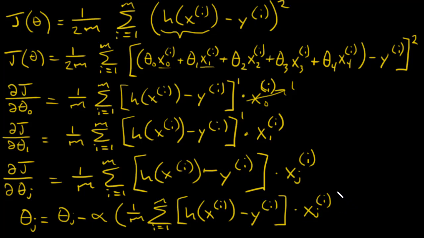And that is going to be our new gradient descent algorithm. And notice that we are going to be running it for every single one of our theta j's. Every parameter will go through this same process in order to arrive at the weights, or our thetas.